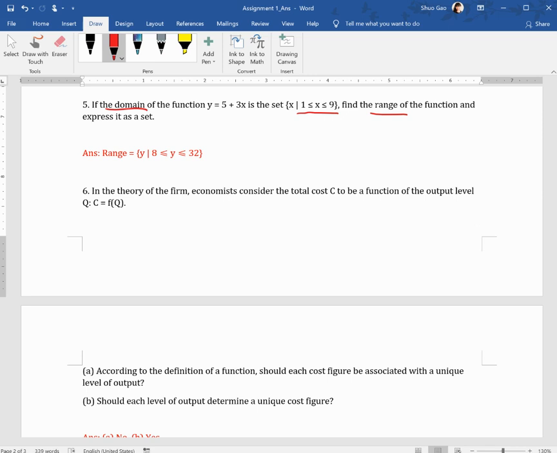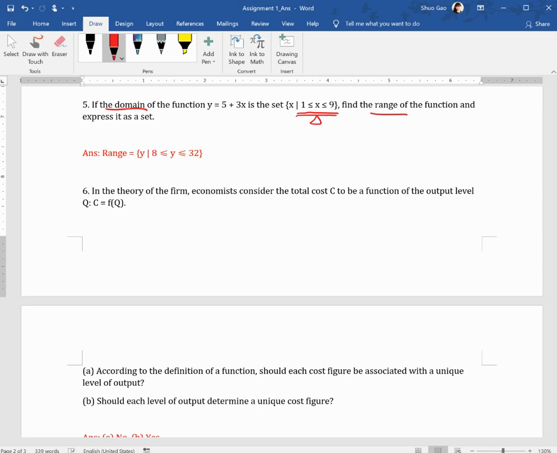And the range of the function is that, given the domain of the function, what kind of values the y can take. Right? So here in the example, we already know that x can be chosen from 1 to 9.